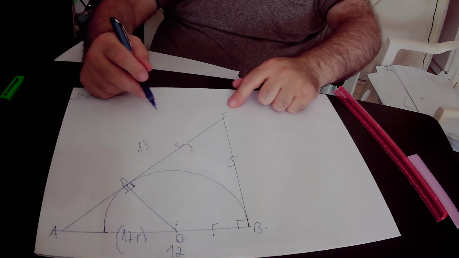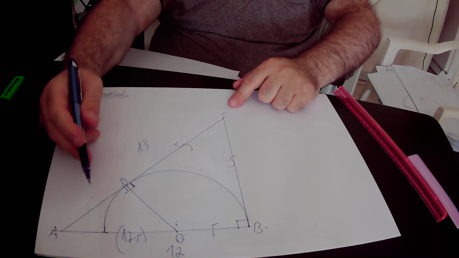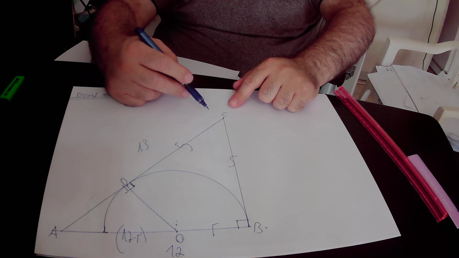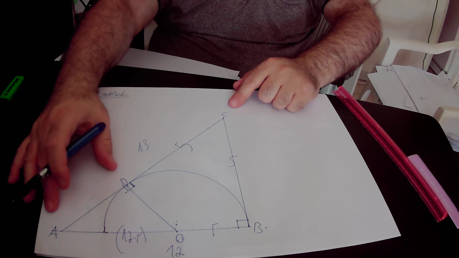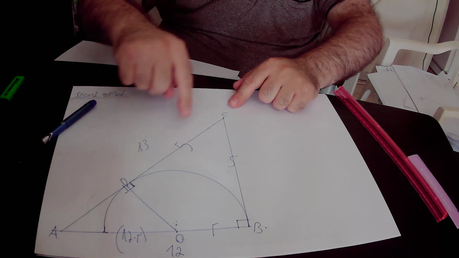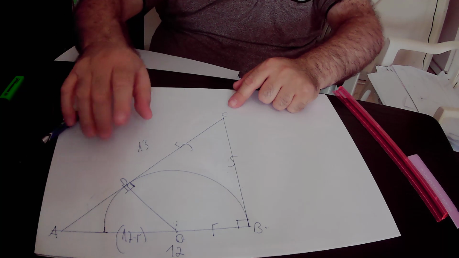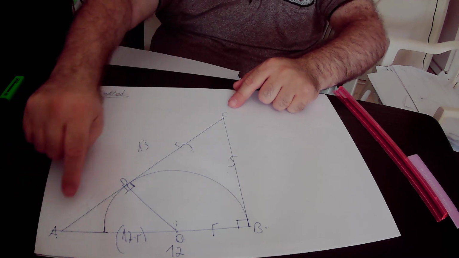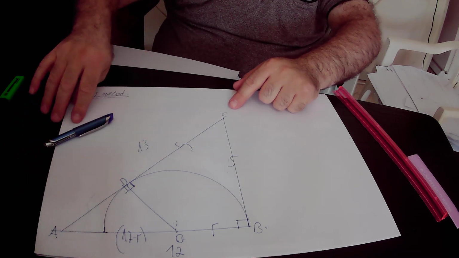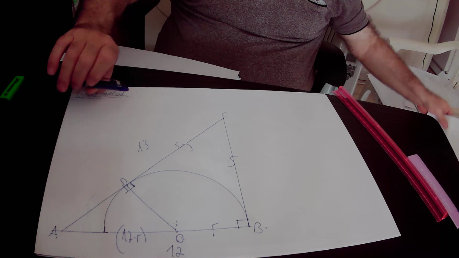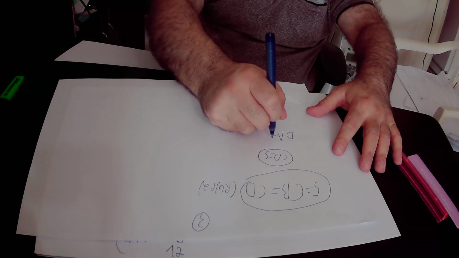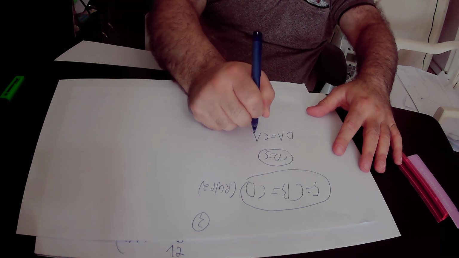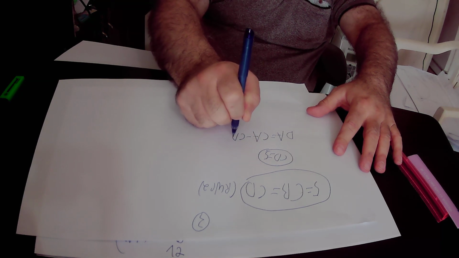But we have already found out that CA equals 13. We found out that CD equals 5, so DA will be equal to CA minus CD. Again, DA equals CA minus CD. I will write it down. DA equals CA minus CD.